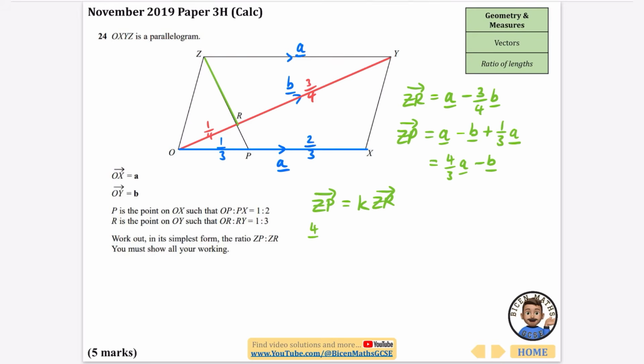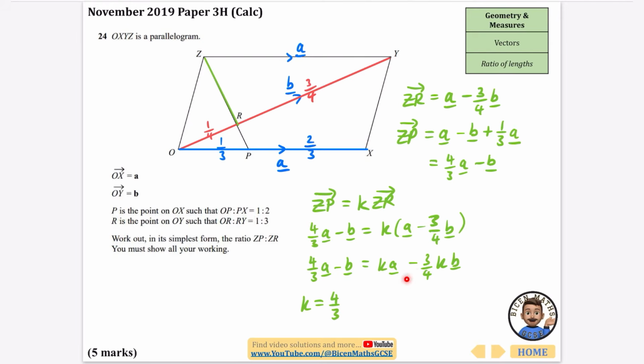So we get that 4/3 A minus B is equal to K lots of A minus 3/4 B. Expanding the brackets on the right hand side, we get KA minus 3/4 KB. Comparing the A parts, we can see that K is equal to 4/3.